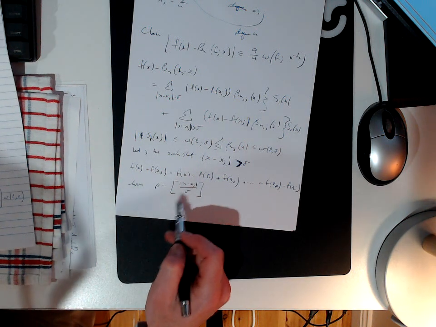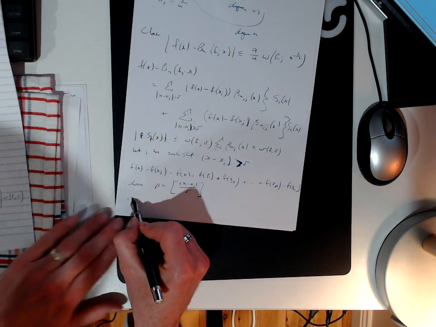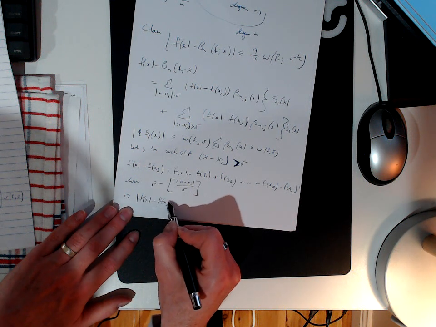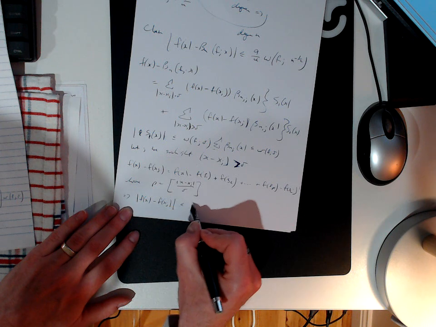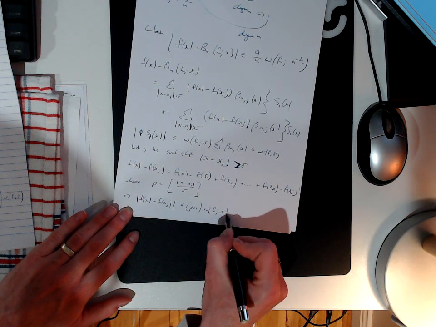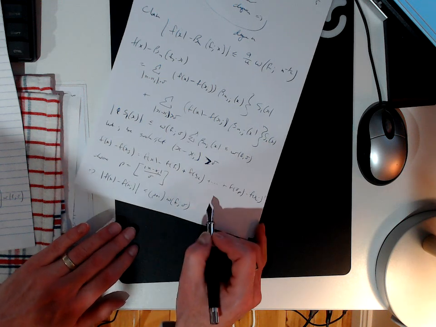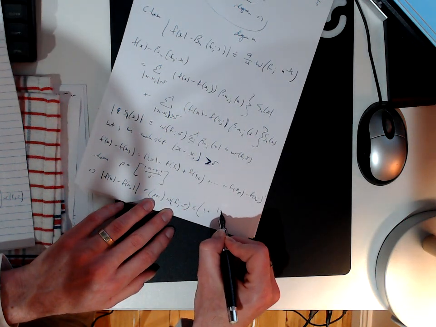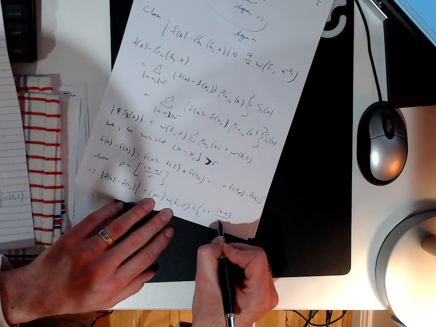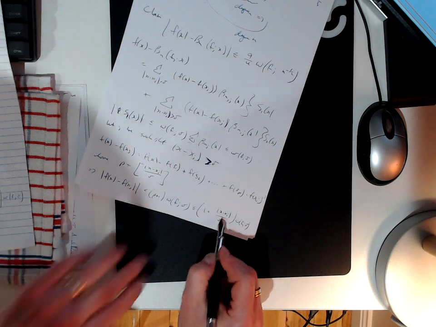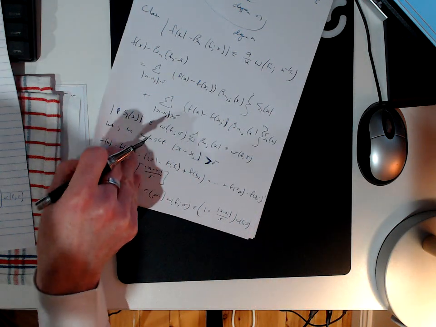That's pretty much ensured by this condition here. So this implies that the absolute value of f(x) minus f(xj) is less than or equal to p plus 1 times the modulus of continuity. And if you consider what p plus 1 is, this is going to be less than or equal to 1 plus the absolute value of x minus xj over delta, times the modulus of continuity. And this, of course, is bigger than 1.